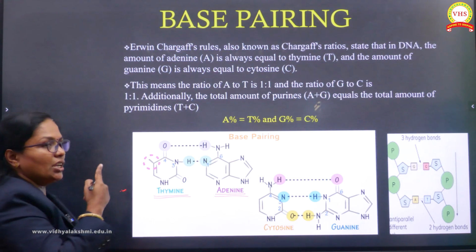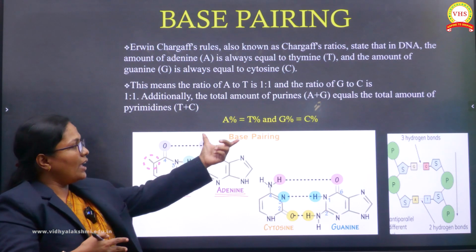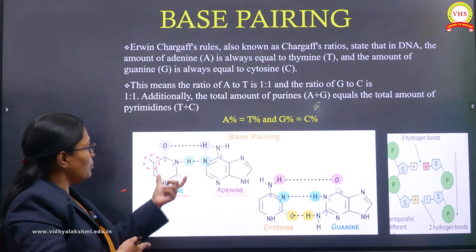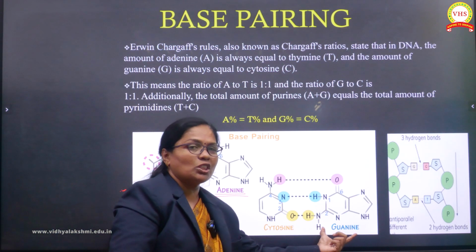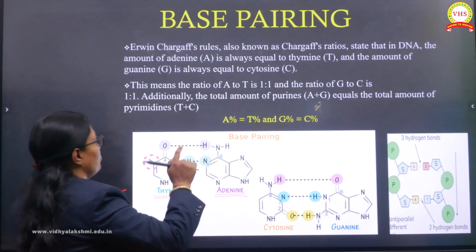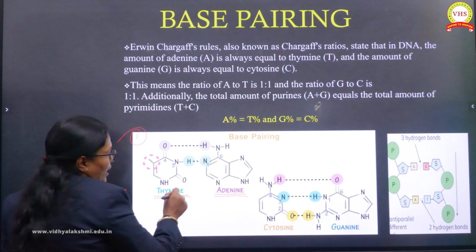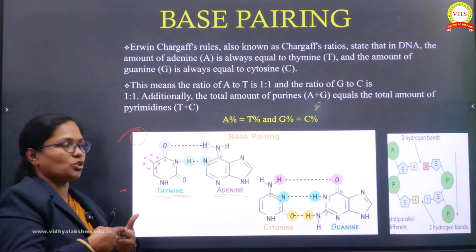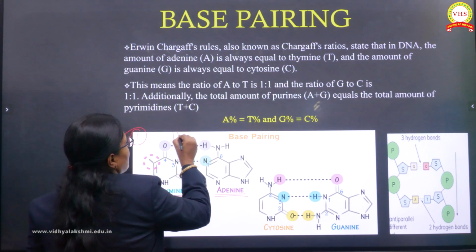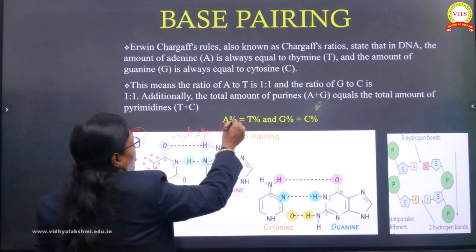Nitrogenous bases getting paired, that's why you say base pairing. Thymine pairs with adenine. In the same way, cytosine pairs with guanine. One important point to remember here is that the bond formed between these is the hydrogen bond.